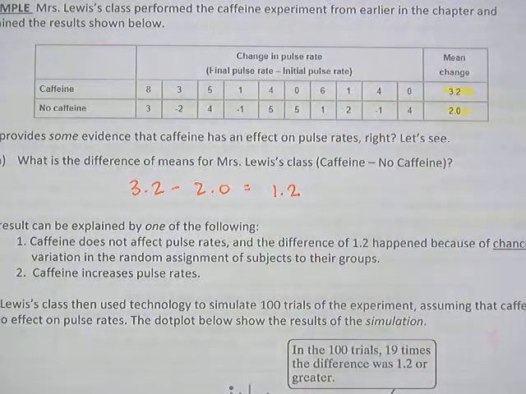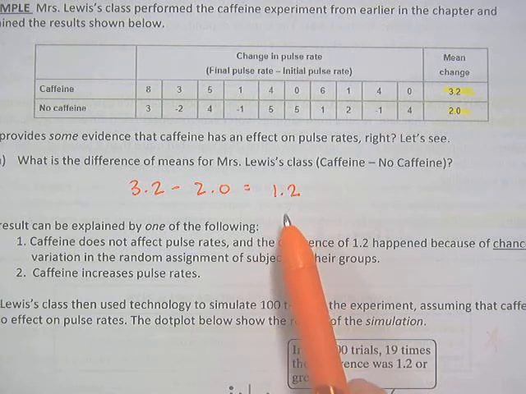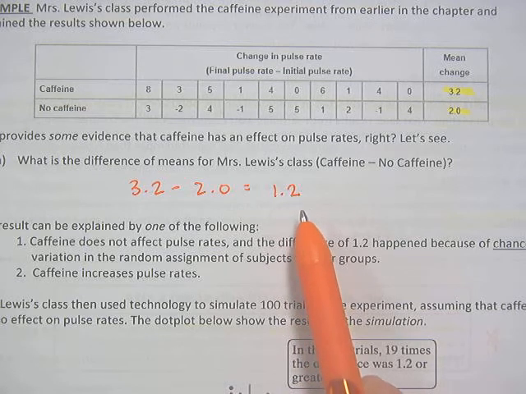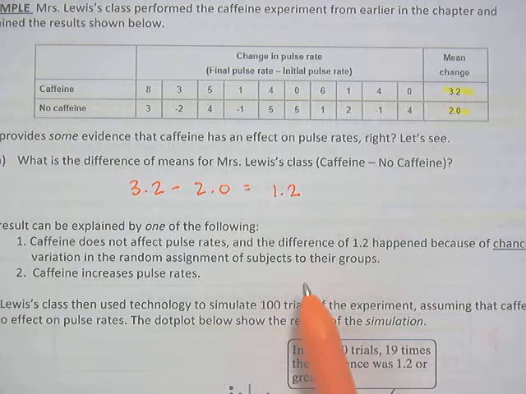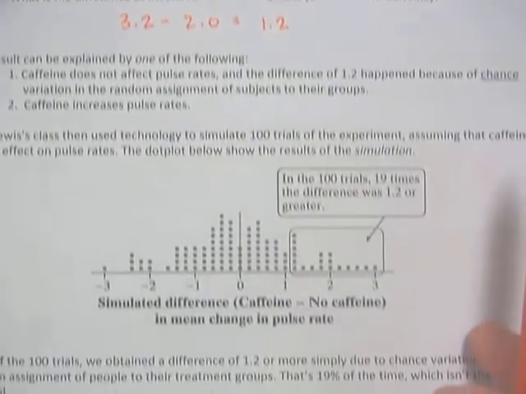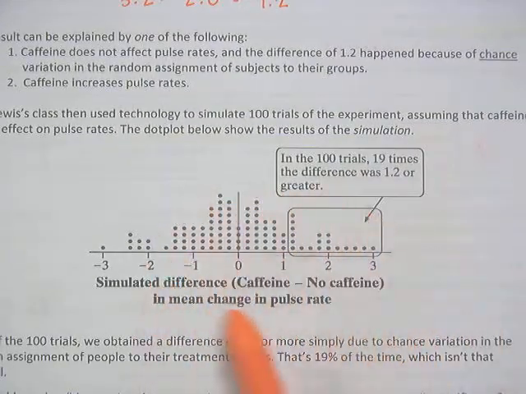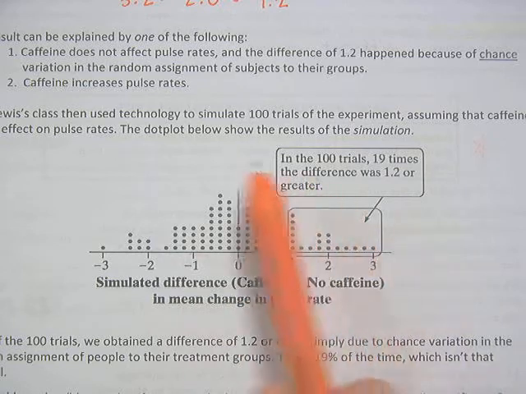And I want to know, is that unusual that that happened? Is it statistically significant? Because if it is, I might be able to say, all right, now I'm pretty sure that caffeine causes an increase in pulse rate. Well, we will go over this in some upcoming chapters, so don't get too worried about what's going on in this dot plot here.